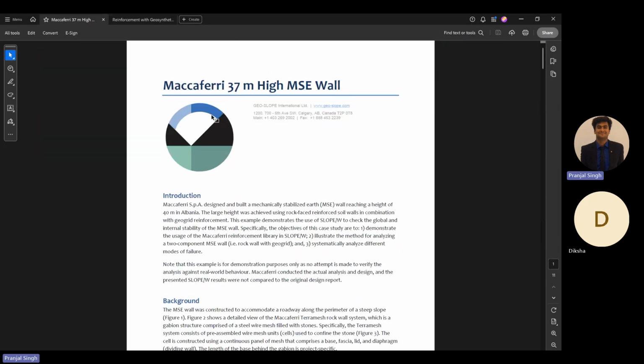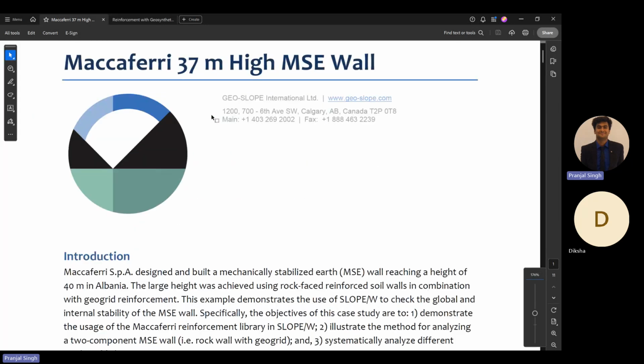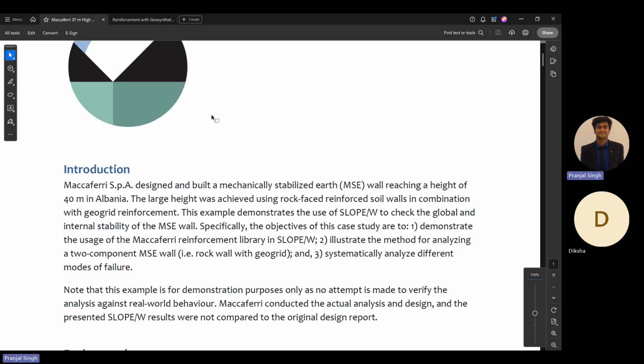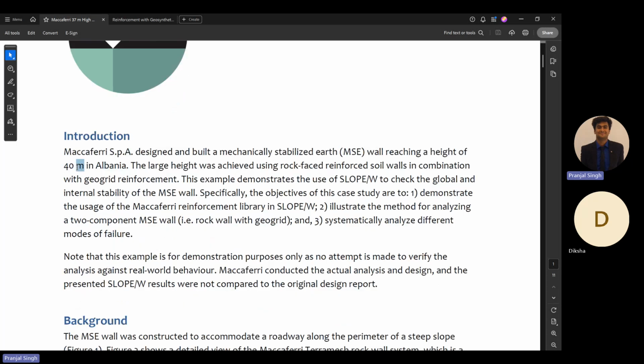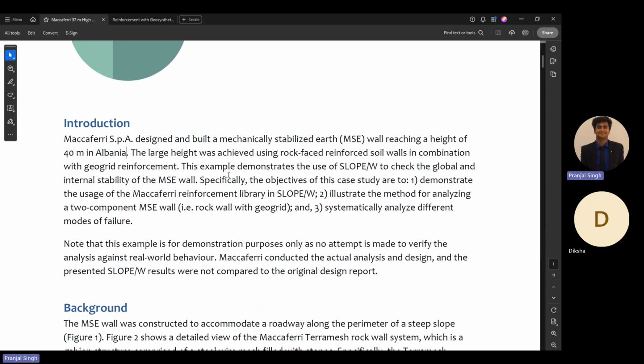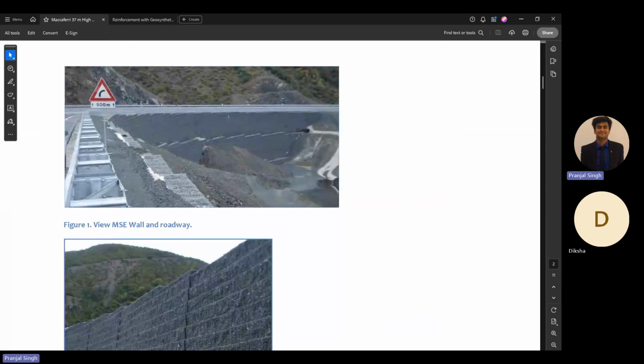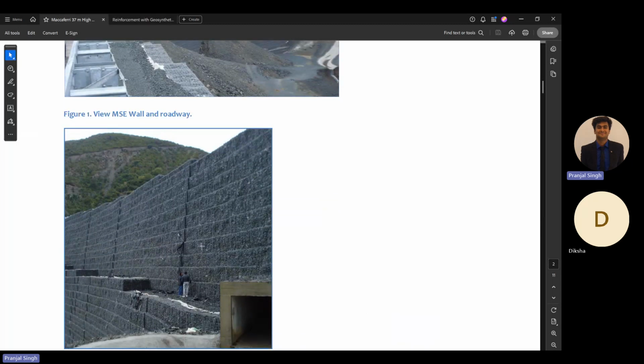So let us discuss this second problem. It is a 40-meter wall which was constructed in Albania, and you can see this is the wall.